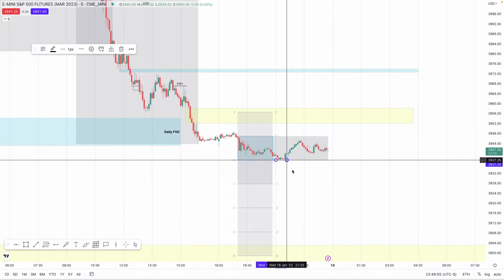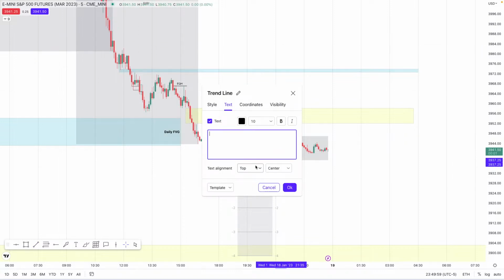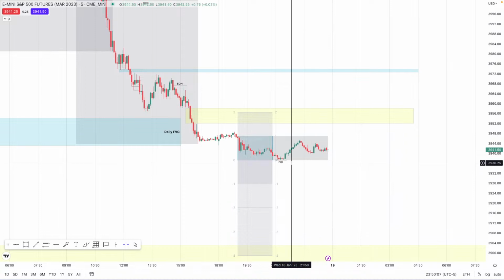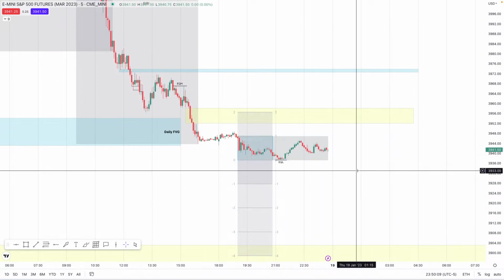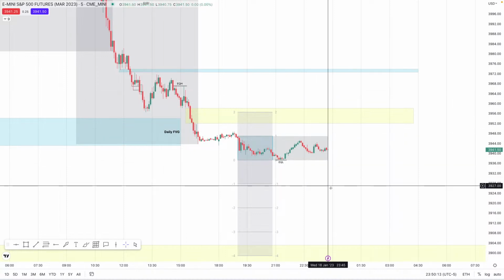A lot of times I don't mark stuff like that because it's easy for me to remember, and I'm already figuring that these are going to get taken out. But there you go, we'll just mark those. So now we have all our points of interest.